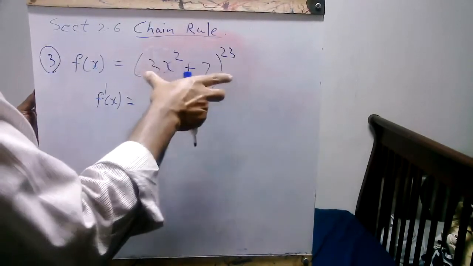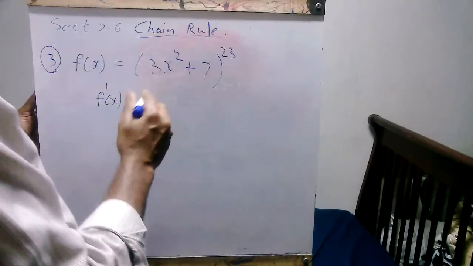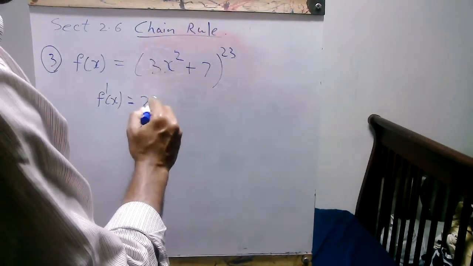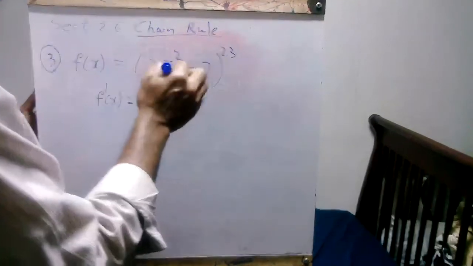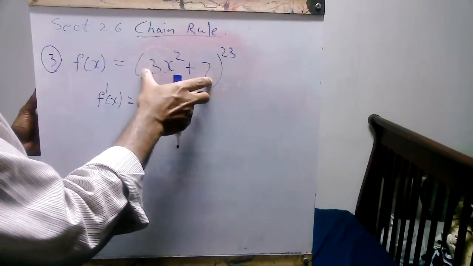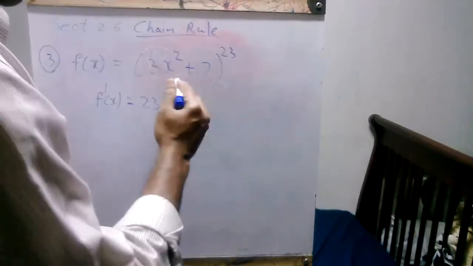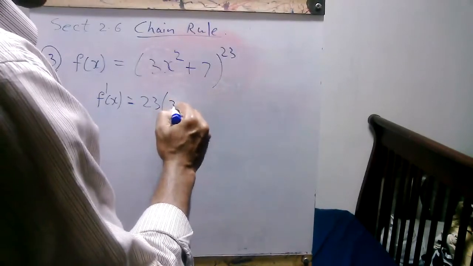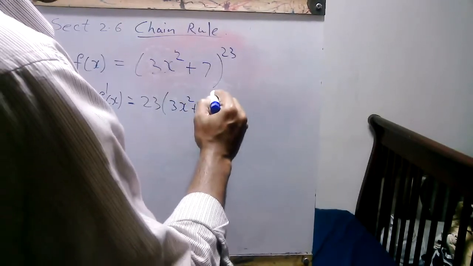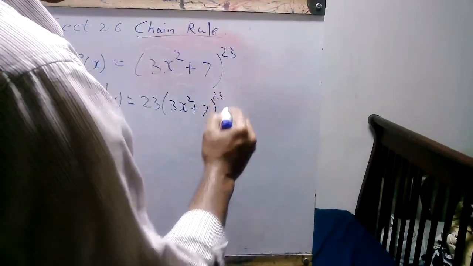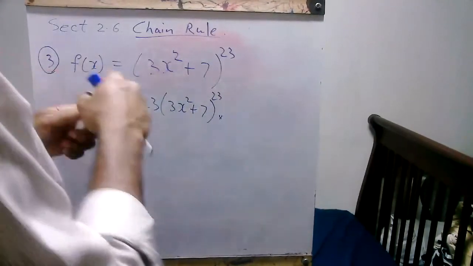This is equal to: we first differentiate the original function, assuming this as a separate function, 23. Let's call this separate function the internal function, since it is inside. 23, (3x squared plus 7) to the power 23 minus 1, multiplied by the derivative of the internal function.